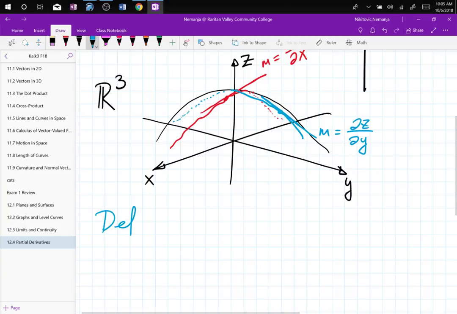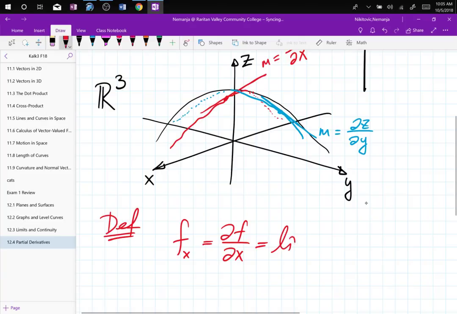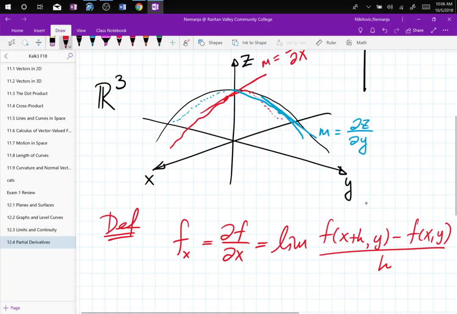So the definition, I want to do the red one. What is the definition of the partial derivative with respect to x, which is known as df dx? This one is going to be the limit as h goes to 0 of f of x plus h comma y minus f of x comma y, divided by h.